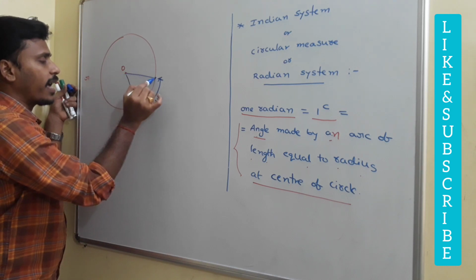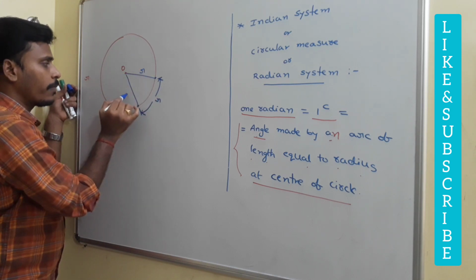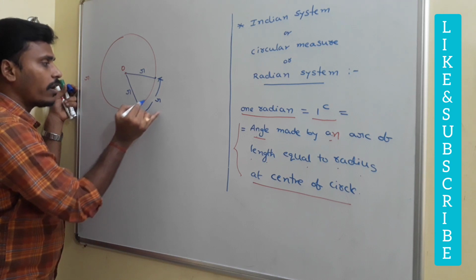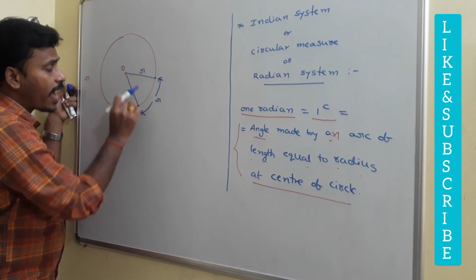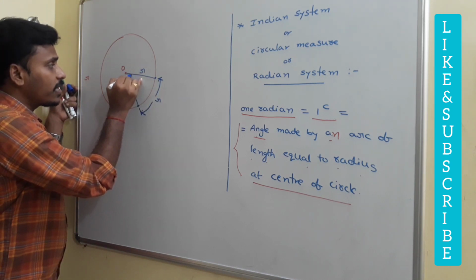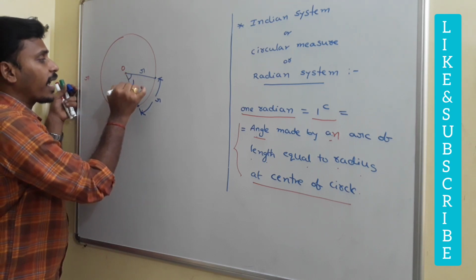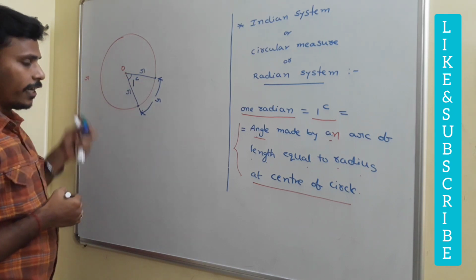Surely it makes a certain angle at the center, right? This is radius, this is radius, this arc length is again radius. Such a diagram will make some angle at this center. Is it right? And that angle is nothing but 1 radian.